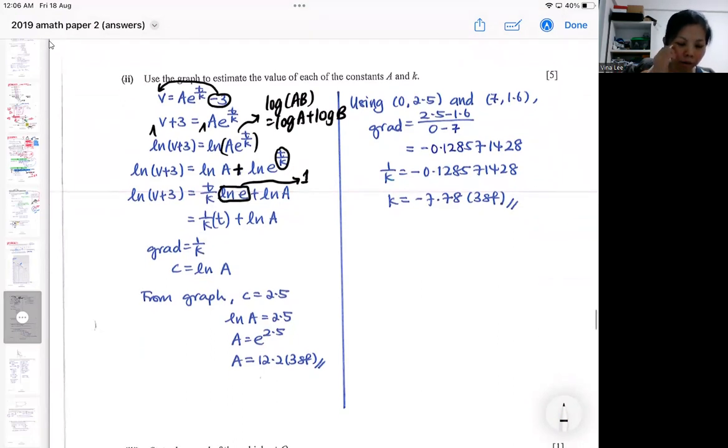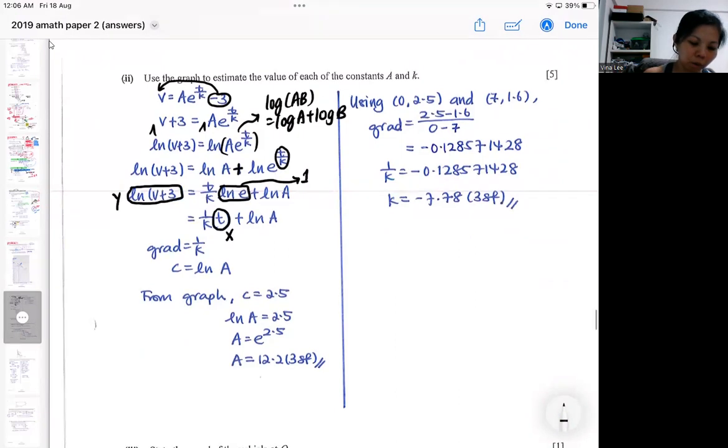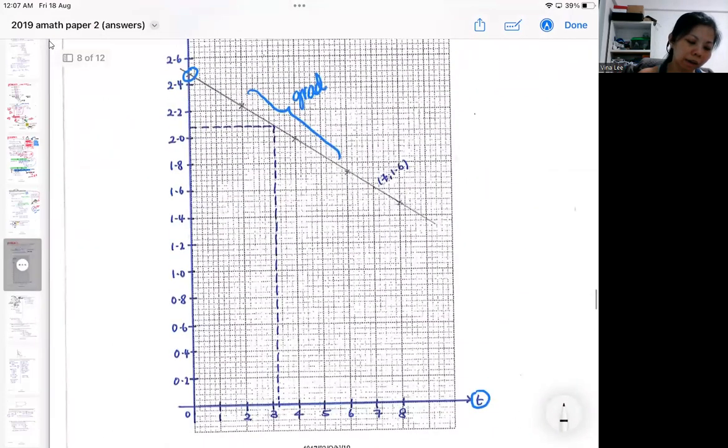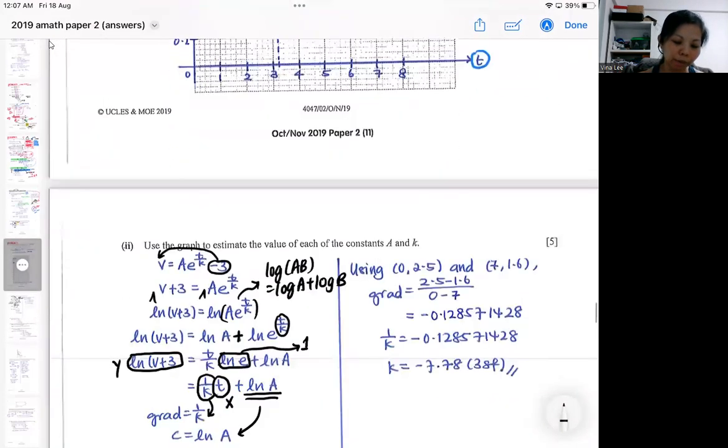So after a while, you will realize that this is your capital X and this will be your capital Y. And your 1 over K is the gradient, and your ln A is your y-intercept. That means your y-intercept will help you to find the value of A. So if you go back to your graph, the y-intercept that I have here is around 2.5.